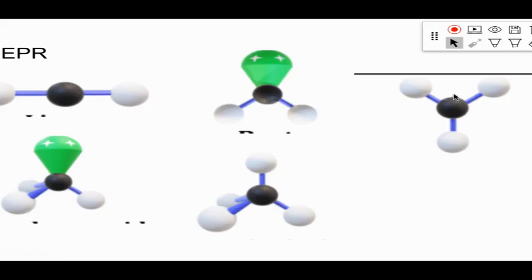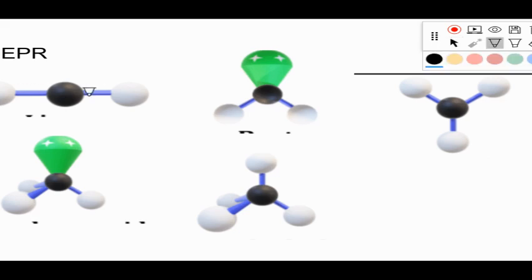Those could be double or triple or single. We don't know based on this picture. And then these weird things that look like emeralds, those are actually your cloud of unshared electrons. So those electrons are repelling because they are unshared. So let's go through and name what these are, and then we're going to look at a chart here in a minute that sort of simplifies all this down.